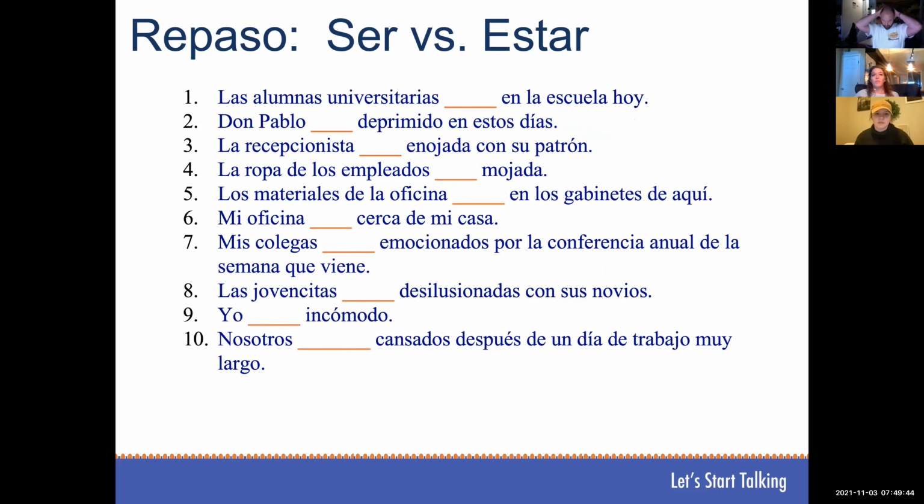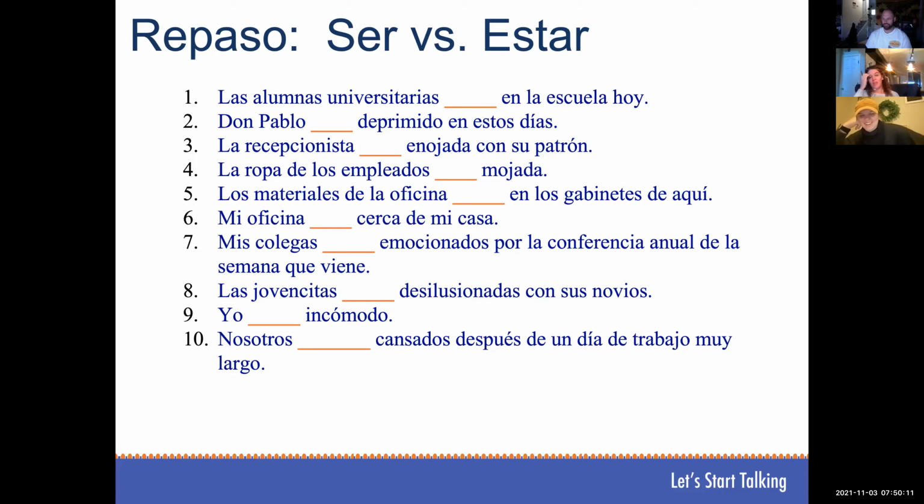Las alumnas universitarias estamos en la escuela hoy. Right verb, wrong conjugation. Estamos is we, nosotros.